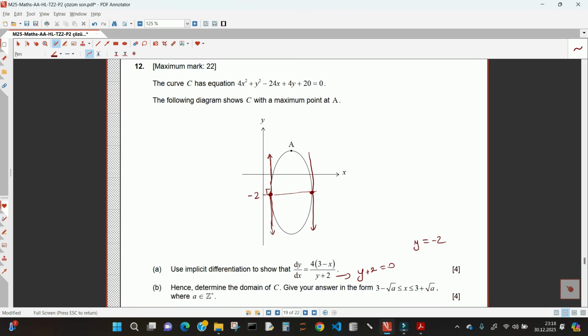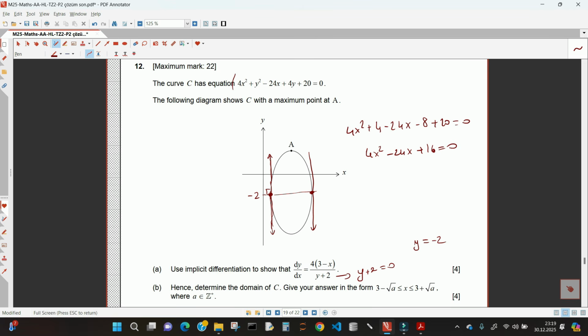I will replace y with -2 in this equation, and we'll find the x values. So 4x squared plus 4, the square of -2, minus 24x, minus 8, 4 times -2 is -8, plus 20 equals 0. It is 4x squared minus 24x plus 16.